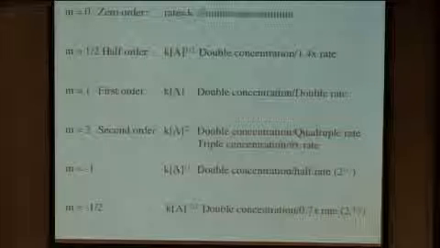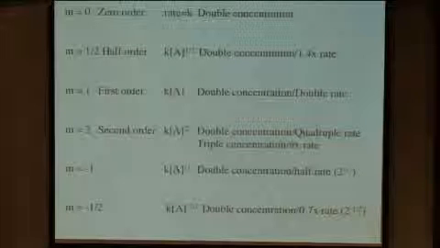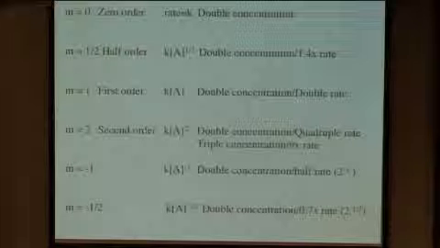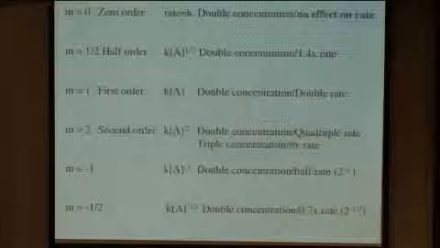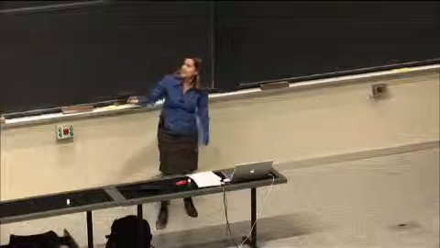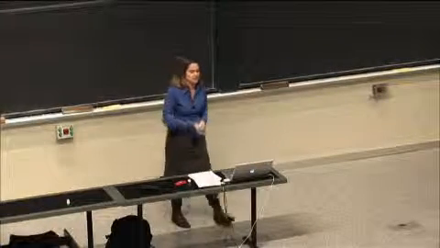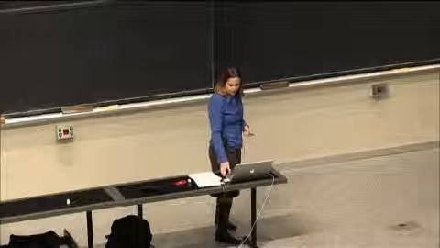So what does that mean? If you double the concentration, what happens to the rate? Yep, no effect on rate. So that's 0 order. The concentration term, it doesn't matter what the concentration is. And there will be some that you'll see on a problem set like that. So if there's no effect on rate, you have a 0 order.